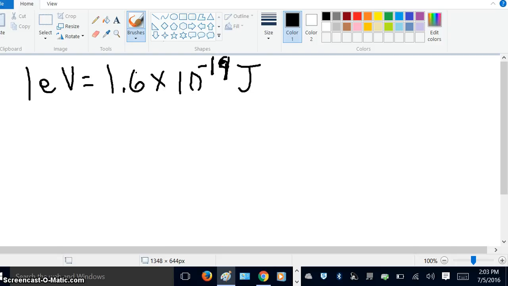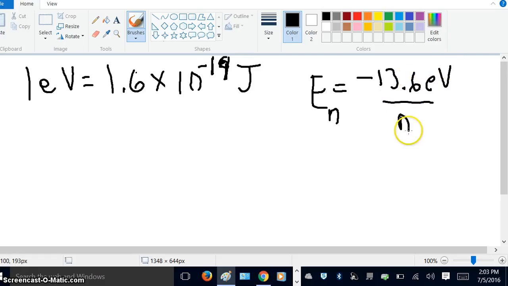Now, what Bohr said is that the energy in the nth state for an electron, so E sub n, where n is equal to 1, 2, 3, all the way up to infinity, just a whole number, is equal to negative 13.6 electron volts divided by n squared.